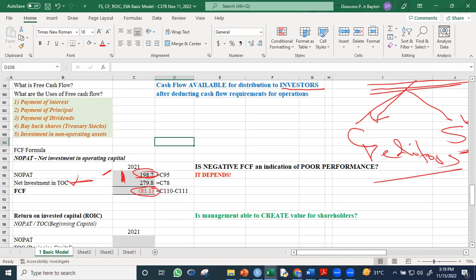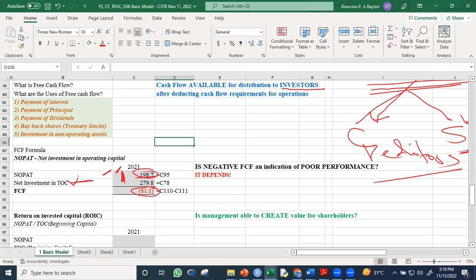Take a look at it qualitatively and even quantitatively to see what was causing the negative free cash flow. A low NOPAT is one of the most glaring reasons why the free cash flow would be negative, along with a high net investment in TOC.